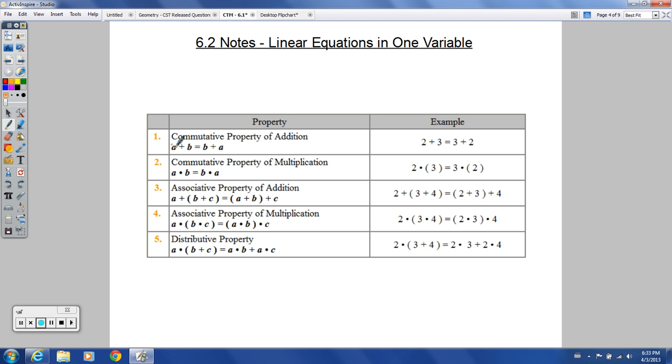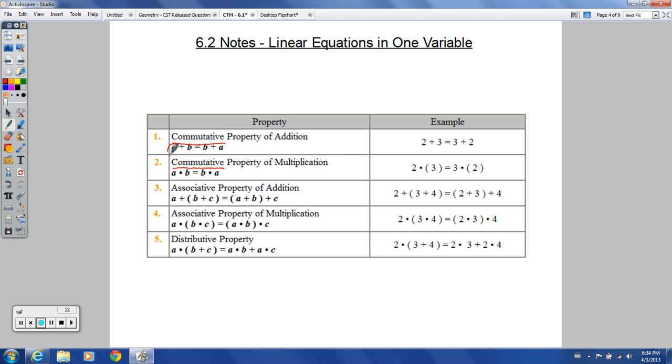Starting off, you don't have to write these properties down, but I just want to make sure you understand them and hopefully can remember what they say. When I think of the commutative property, I think of commuting back and forth to work.